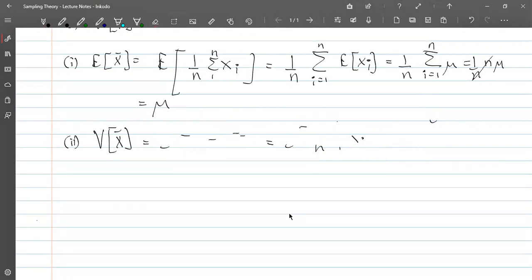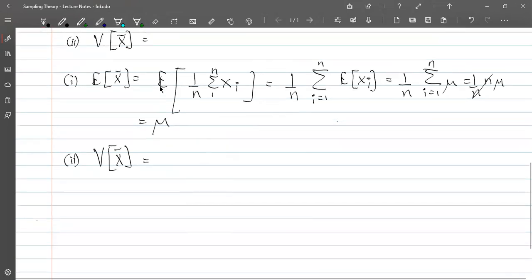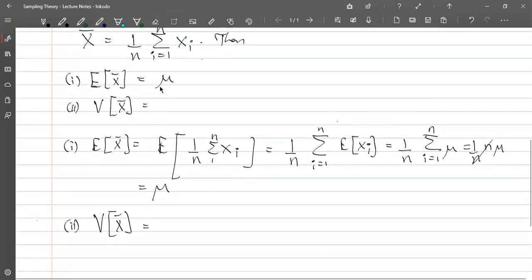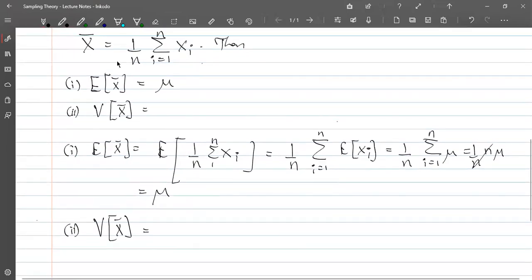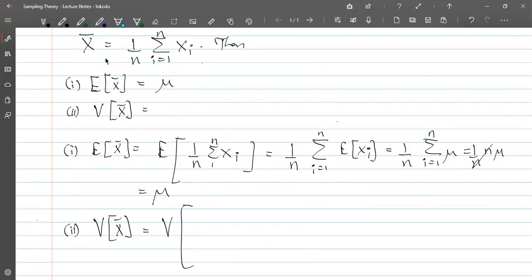We'll use the property of variance. Remember that a sample is by definition independent. So sorry, we'll directly apply this. I shouldn't have taken the definition. We'll directly use x bar. So x bar definition, that is 1 by n summation xi, where again this is 1 to n.